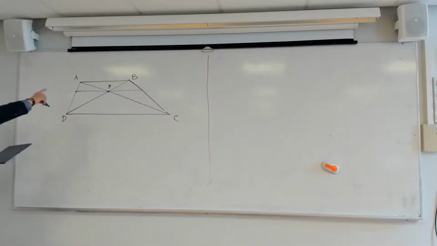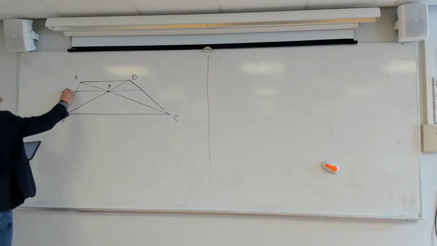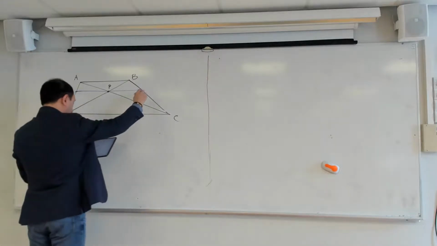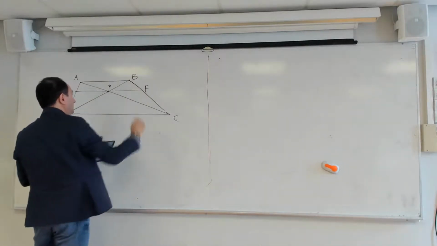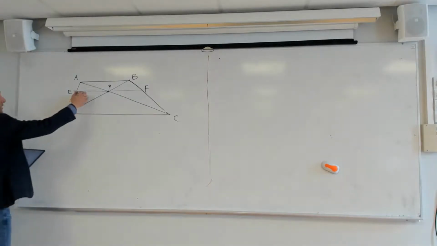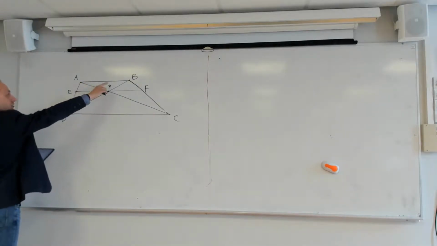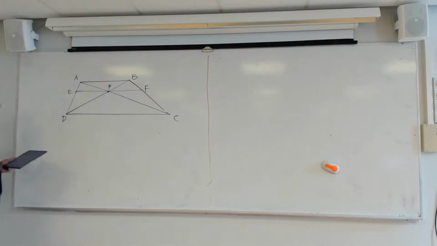It intersects these two sides, AD and BC, respectively at E and F. So AD at E, BC at F. So what you know is that this blue line is parallel to AB and those are just diagonals of this trapezium.